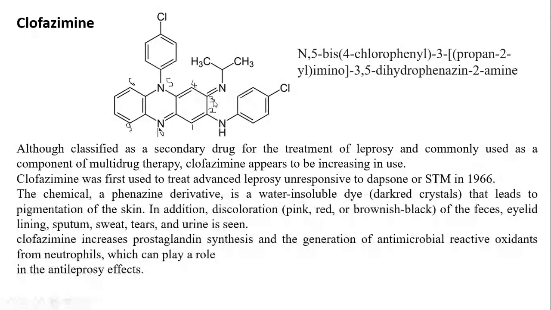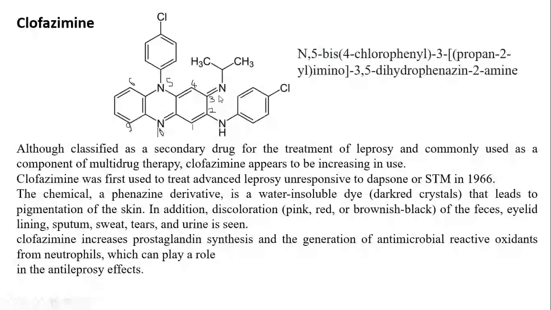3-propan-2-yl imino. Do not count it as amino. It is imino because there is a double bond. Hence it is imino 3,5-dihydro, as there was a double bond, but electrons are missing on the third position and the fifth position.